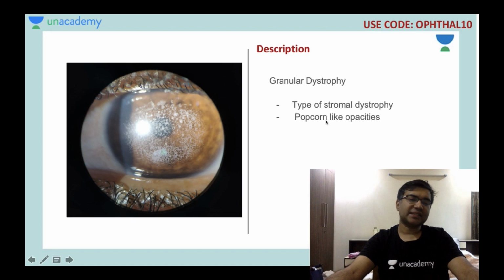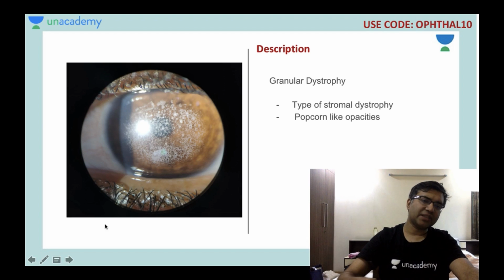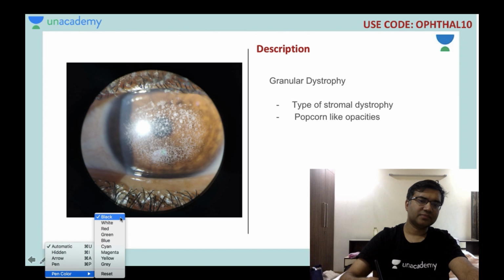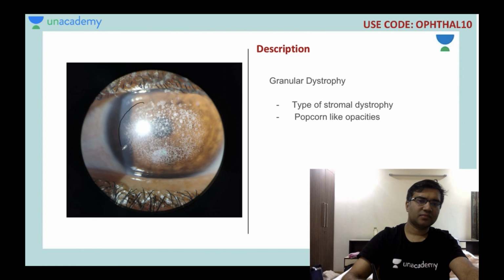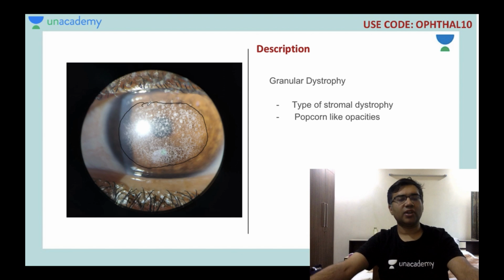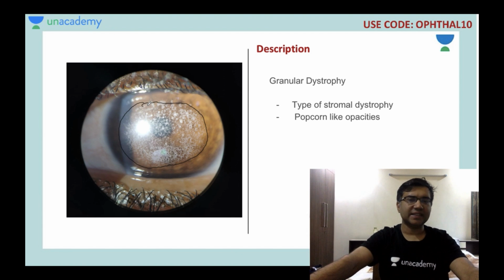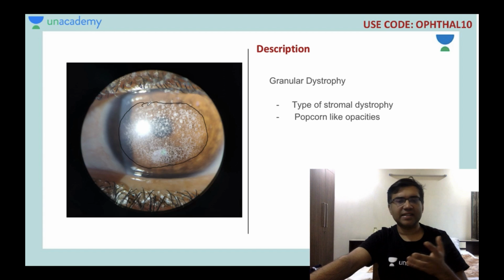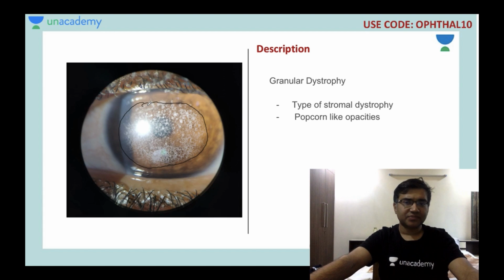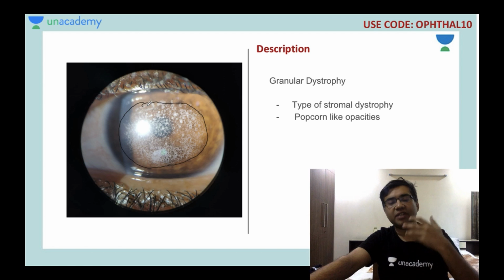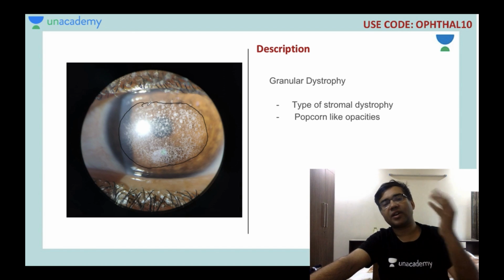Then this is the next clinical picture. In this clinical picture, you can see there is an opacity in the center of the cornea, and these popcorn type opacities, you are not seeing any vascularization, you are not seeing any inflammation here. So this central opacity, which is usually bilateral, and not associated with any inflammation or vascularization, is telling you about a corneal dystrophy.